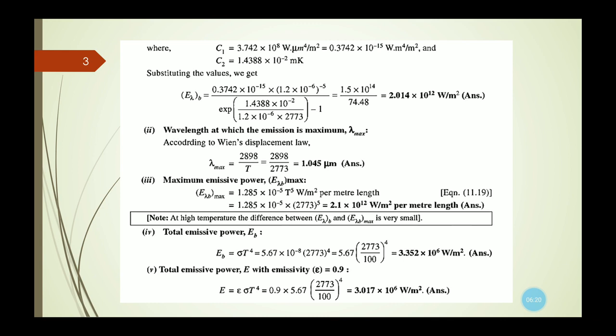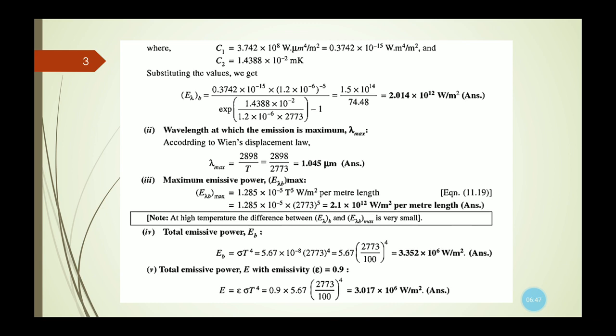Then for number 3, we need to calculate the maximum emissive power, that is capital E suffix lambda b max. The formula for this maximum emissive power is equal to 1.285 into 10 to the power minus 5 multiplied by T to the power 5 watt per meter square per meter length.